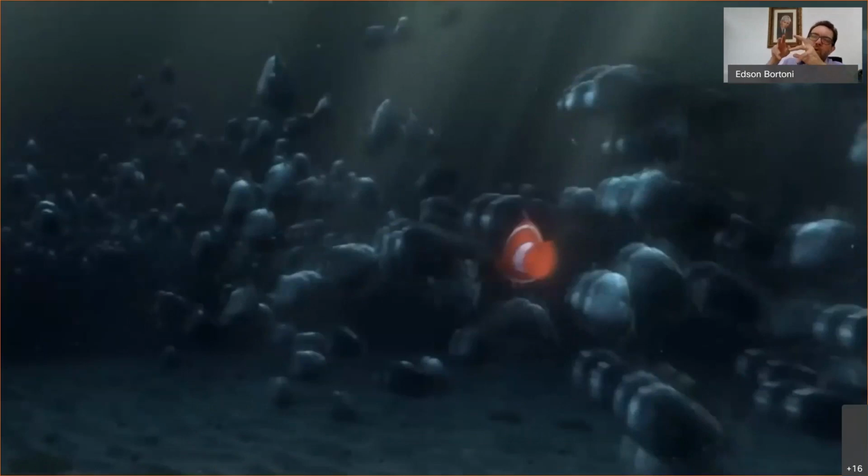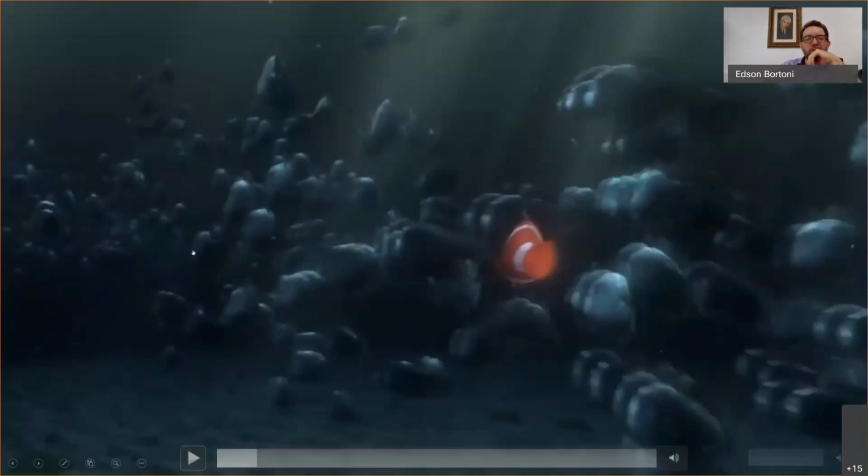They look for ocean currents to facilitate their migration. I can say that we have rivers in the ocean, places where you have marine currents. So it's very interesting.